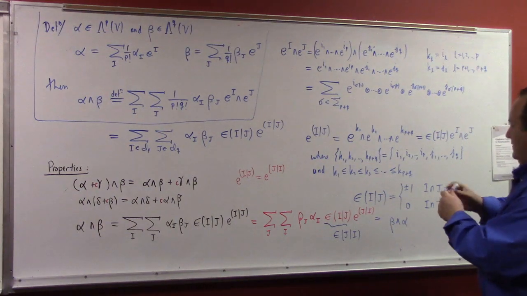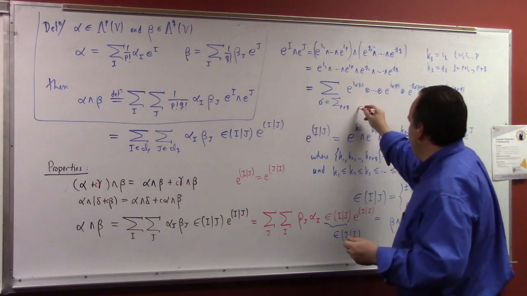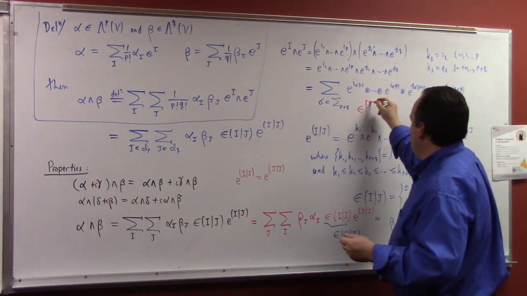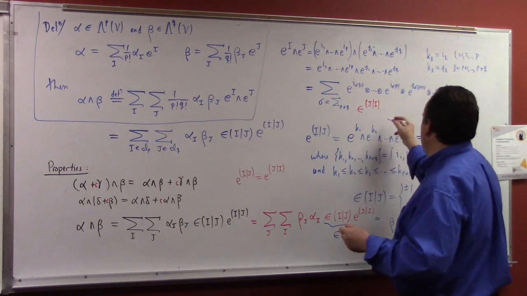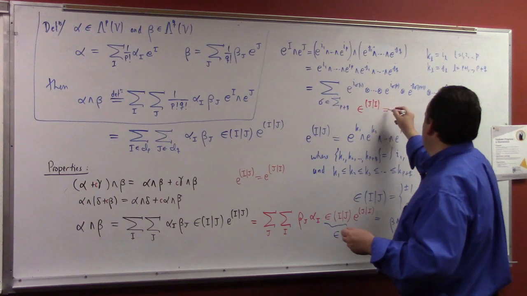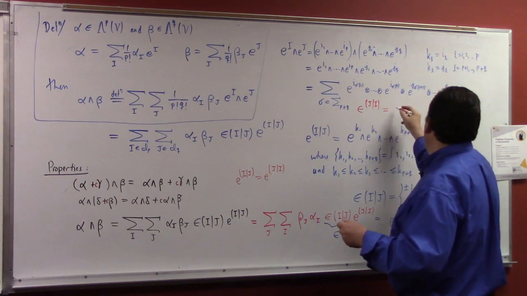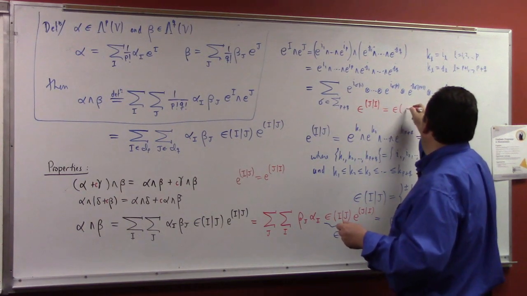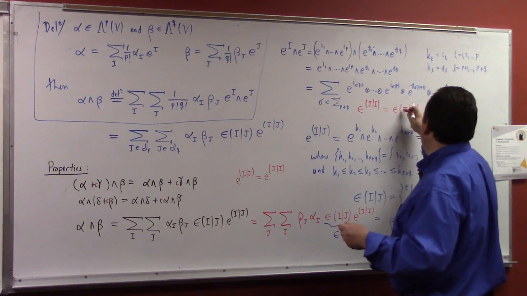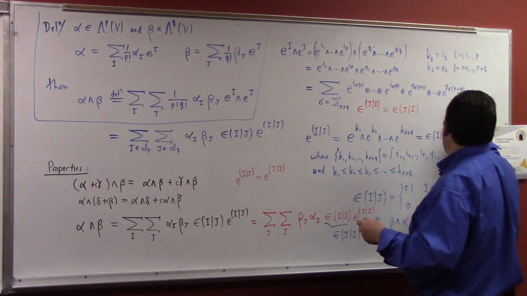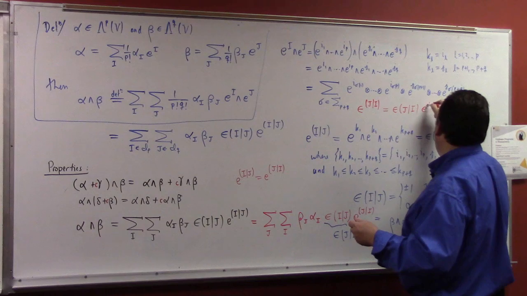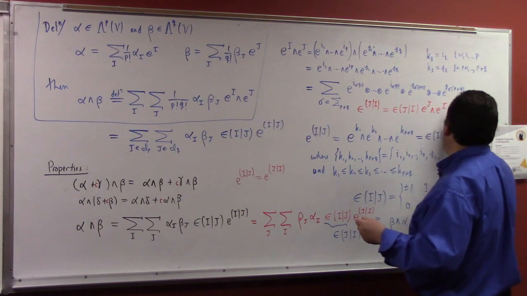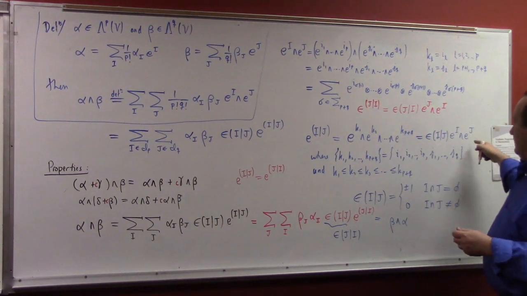So if I had epsilon ji, right, it would be equal to epsilon ji times ej wedge ei, right?